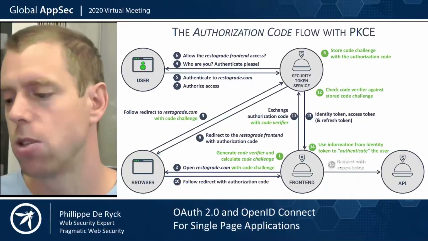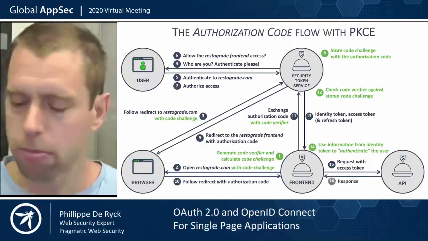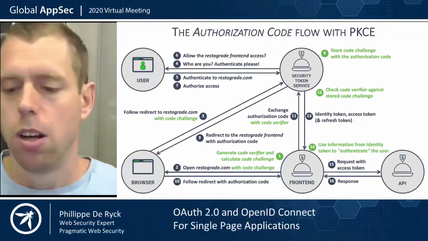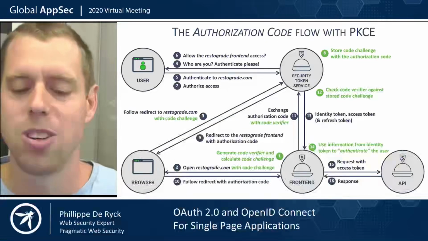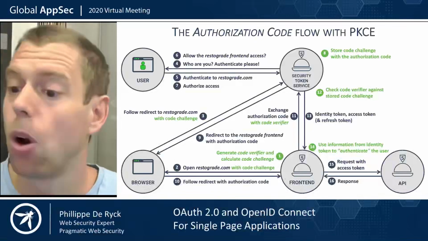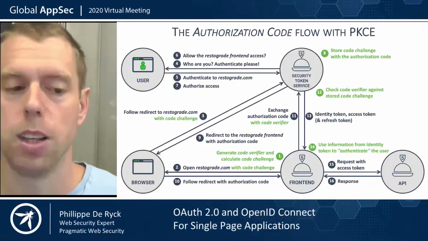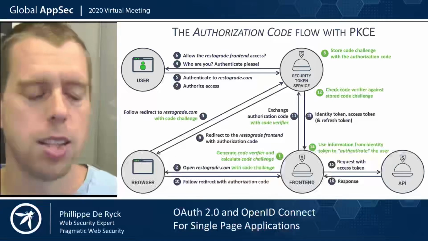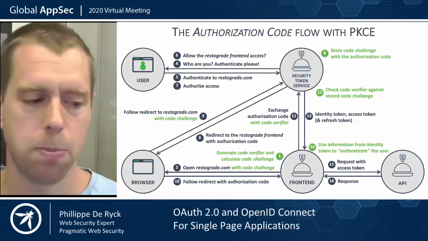And then, of course, with the access token, we can go to the API and make that request. This is by far the most complicated flow you'll find in the OAuth specifications. This is the current best practice for running an OAuth flow with single-page applications. OAuth or OpenID Connect, it's the same flow, just different parameters in certain steps.